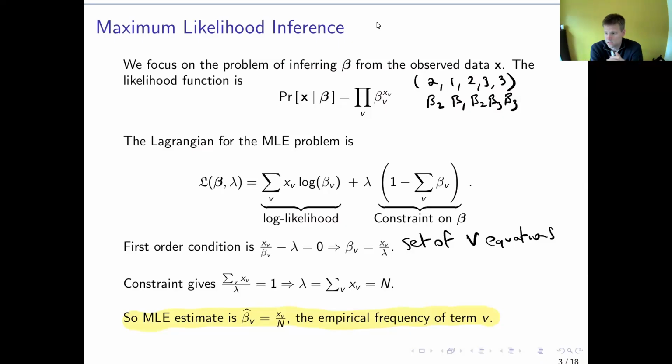So you can kind of think of this as a moment matching condition as well if you want. Okay. So that's I guess a very natural starting point. If you want to generate a statistical model for text, I look at the empirical frequencies of terms and then basically predict new terms if I wanted to do so using that empirical frequency.